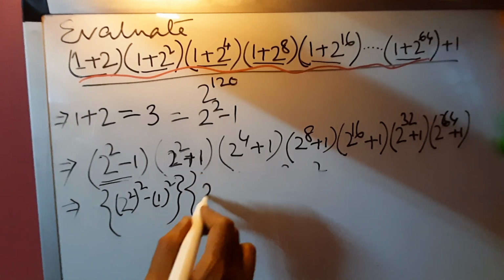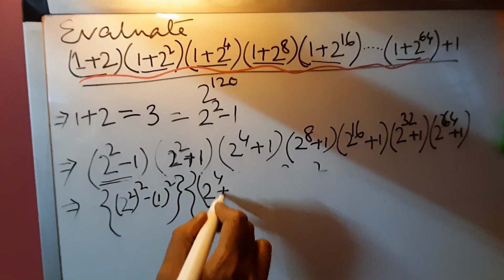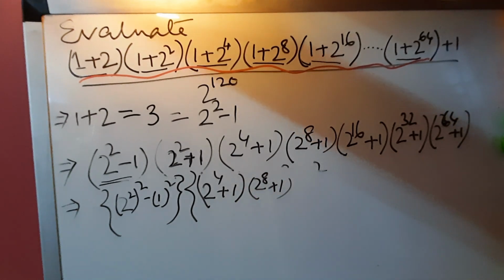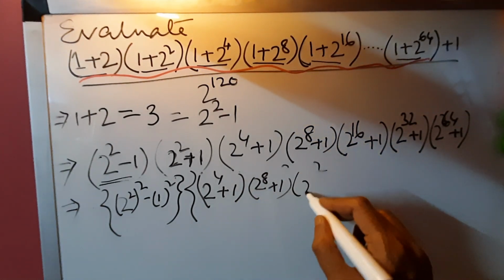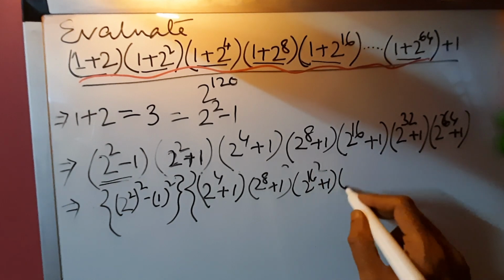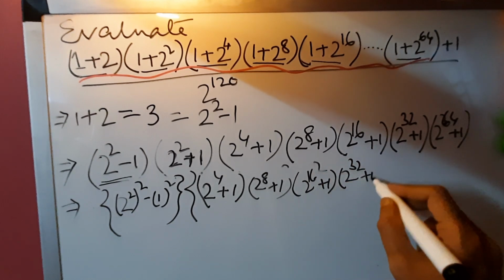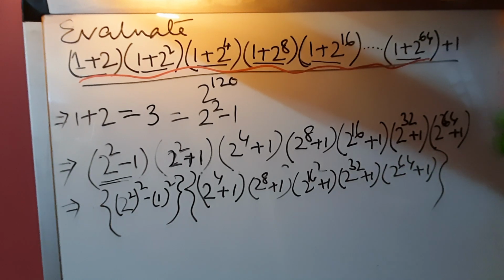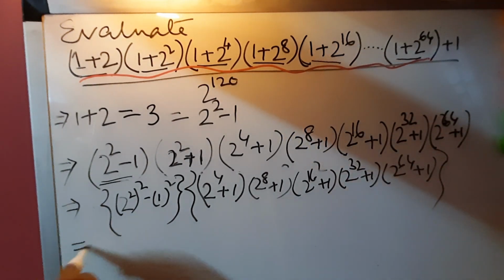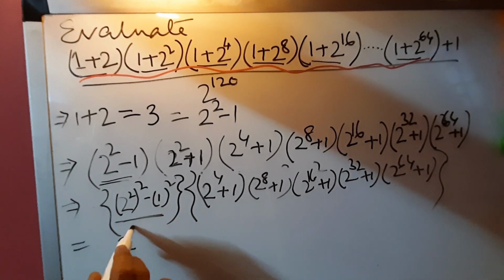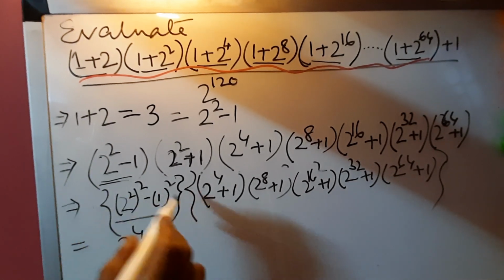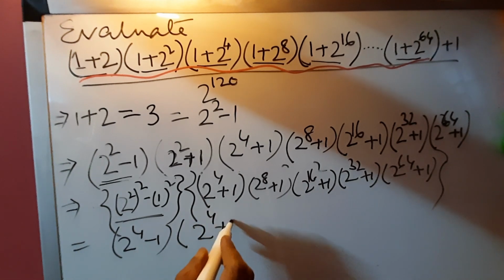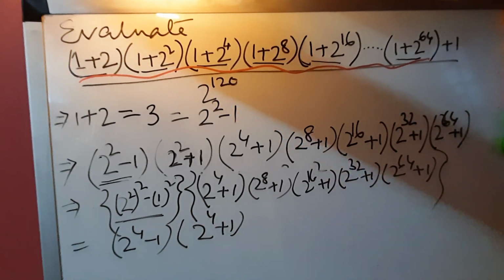The following remain the same: 2 to the power 4 plus 1, 2 to the power 8 plus 1, 2 to the power 16 plus 1, 2 to the power 32 plus 1, and 2 to the power 64 plus 1. So the first part will become 2 to the power 4 minus 1, a square minus b square, again into 2 to the power 4 plus 1, and so on.